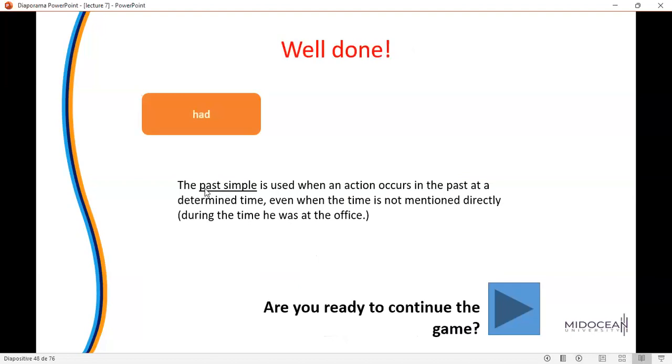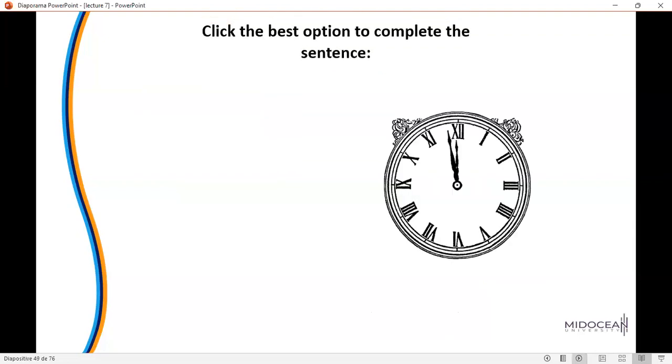The past simple is used when an action occurs in the past at a determined time, even when the time is not mentioned directly. Here you have the time he was at the office, so we have a determinate time. That's why we use the simple past tense.